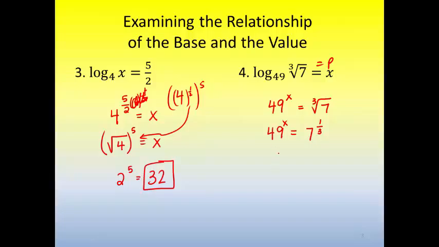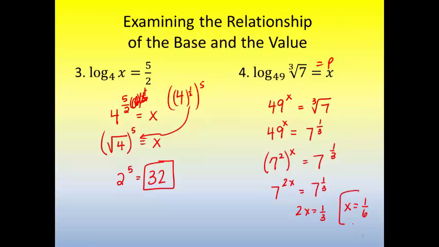Well, I'm going to think of how I can relate 49 to 7, and that is that I can have 7 squared to the power of x equals 7 to the 1/3, which means 7 to the 2x power equals 7 to the 1/3, which means 2x equals 1/3, or x equals 1/6.